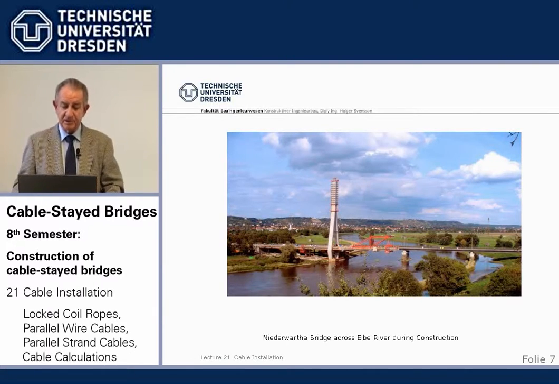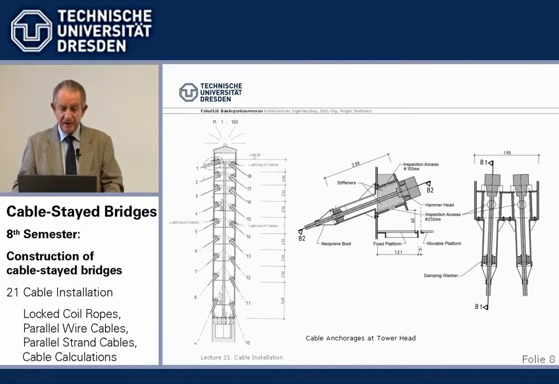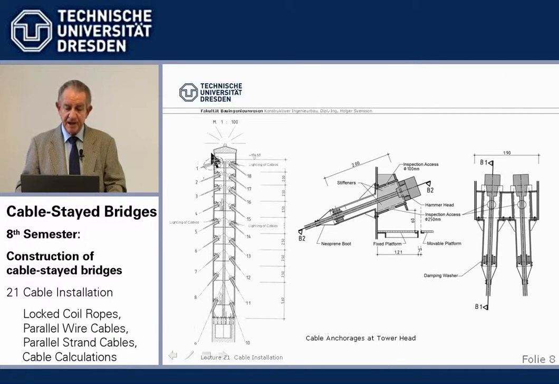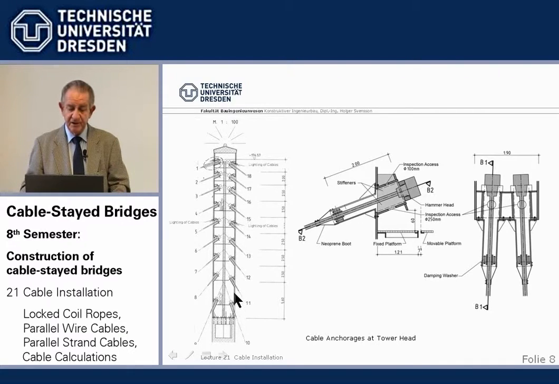As an example, we use the Niederwarter Bridge, which is very close to us here, you may know. The cable anchorages at the tower head for the Niederwarter Bridge are composite anchorages, which means it's basically a steel box into which the cables are anchored, and then the box is cast into concrete.